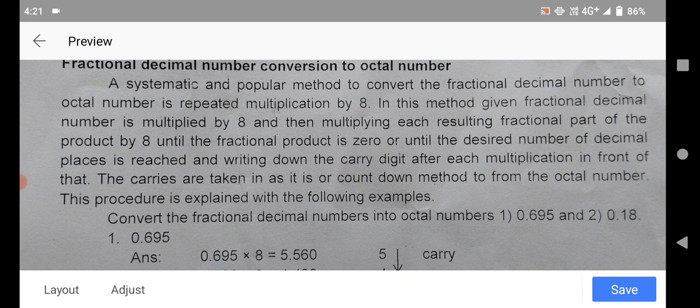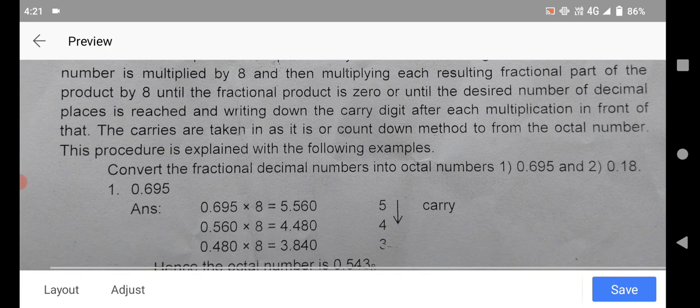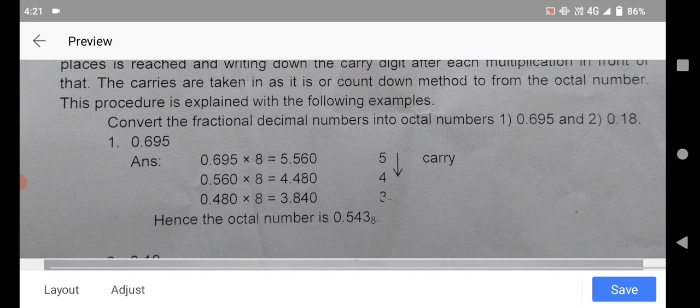Then the carries are taken in the count down method to form the octal number. Count down, that means up to the down. We note down the carry from up to the down. Okay, in that, to convert the fractional decimal number into octal number, use two different examples.